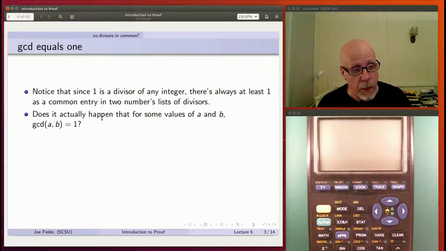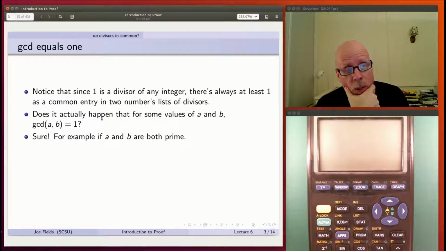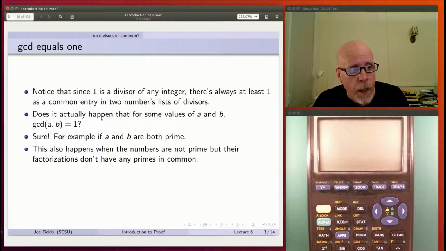Maybe that's a question. Does it actually happen that for some values of A and B, the GCD of A and B is 1? Think about that for a second. I say sure, why not? If, for instance, the two numbers are both prime, that's going to do it. It also happens if the numbers are not necessarily prime.